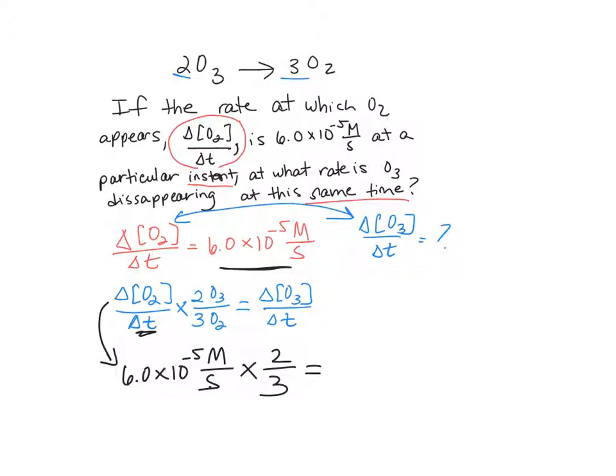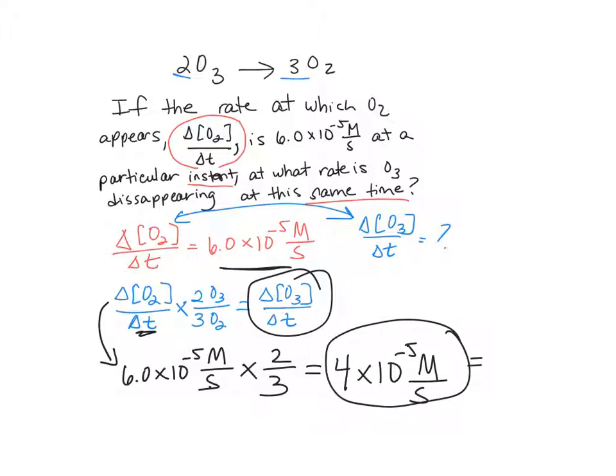And that's going to equal this. So let's do it. So I get that equal to 4 times 10 to the negative fifth molarity per second. So this is my rate of disappearance of ozone at that particular time.